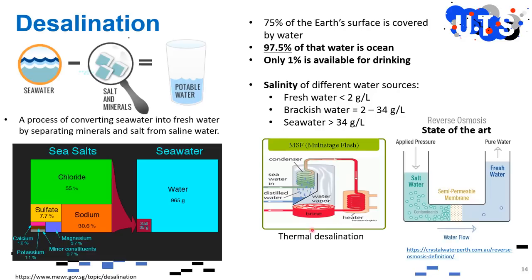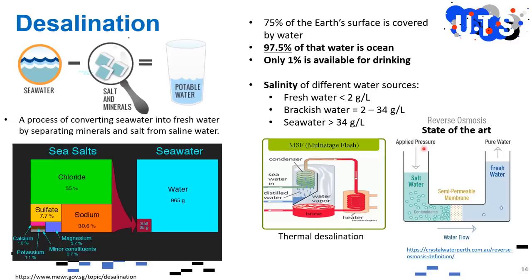But this consumes a lot of energy. Reverse osmosis is also an energy intensive process, but it's very efficient. It uses a reverse osmosis membrane that stands as a barrier between the salt water and the fresh water, with the addition of applied pressure.